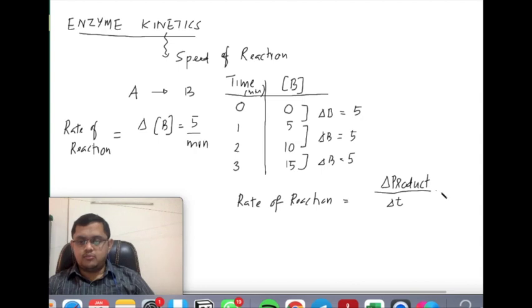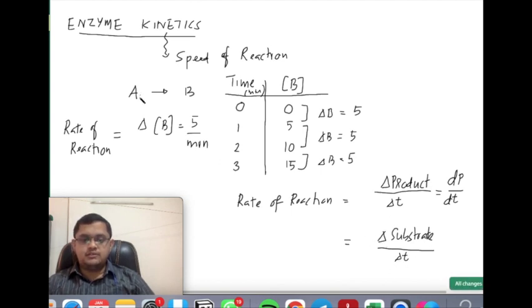If I put it in a mathematical way, I can write it in a differential equation form: dP by dt. There is another way to check this: the delta substrate, again with respect to delta T. According to this reaction, the substrate is converted into a product.